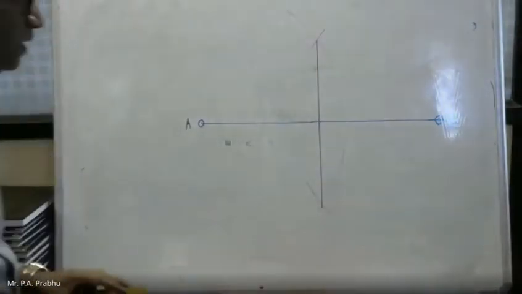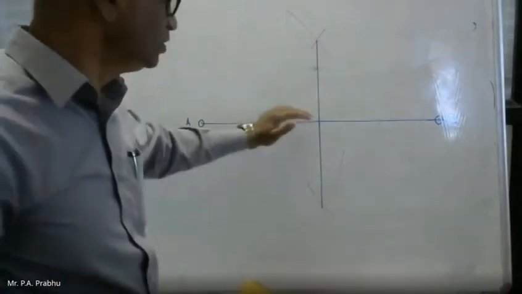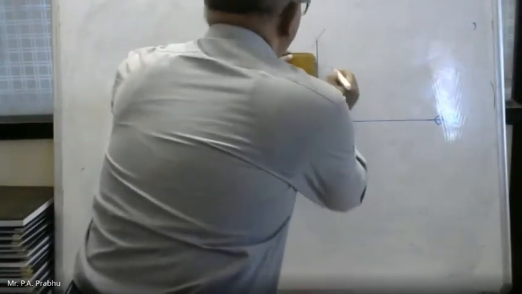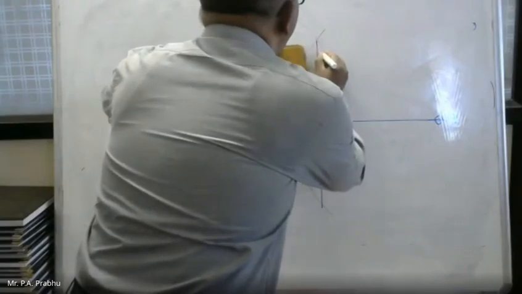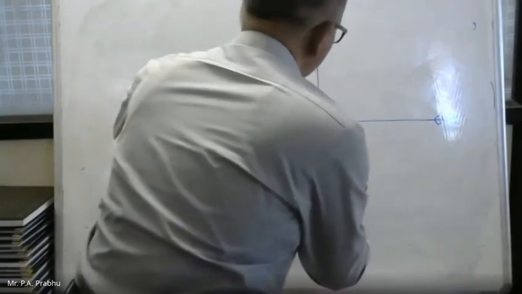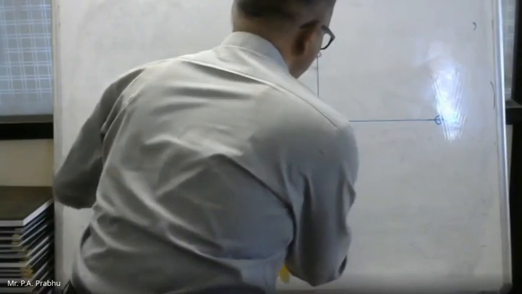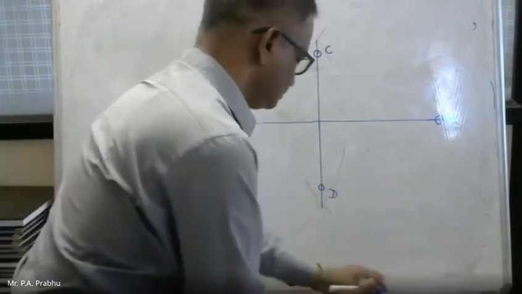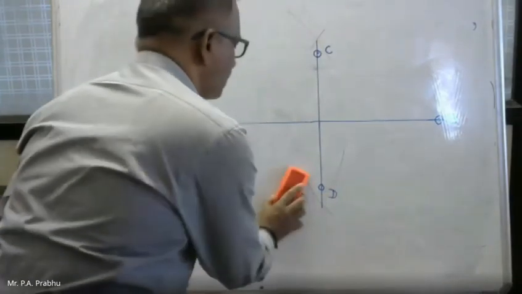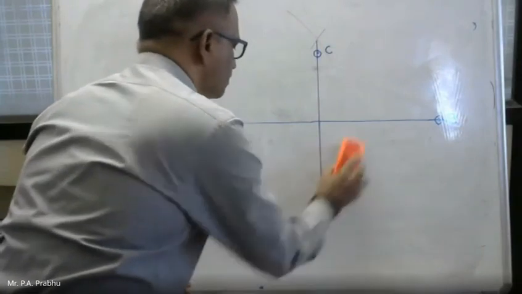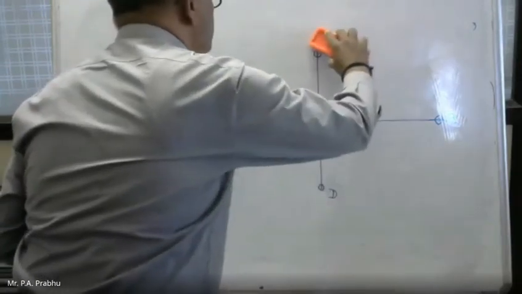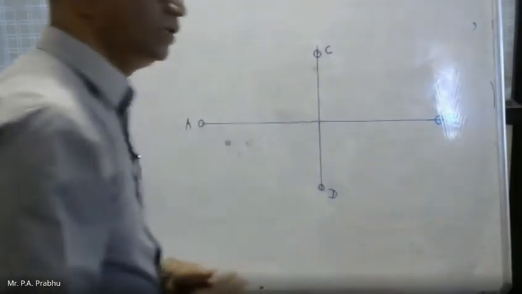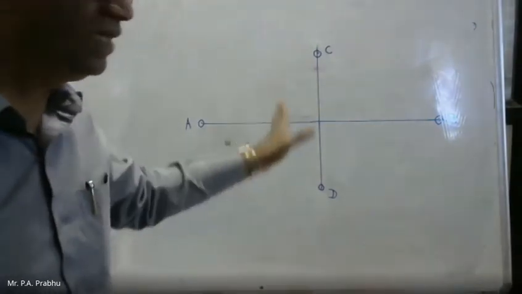Draw the minor axis. The total minor axis length is 70 mm. So mark 35 mm on each side. Mark these points C and D. So first mark the major axis, minor axis.